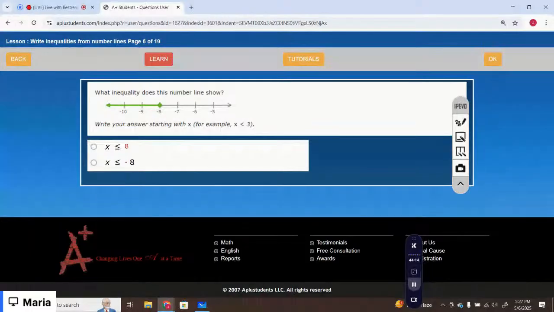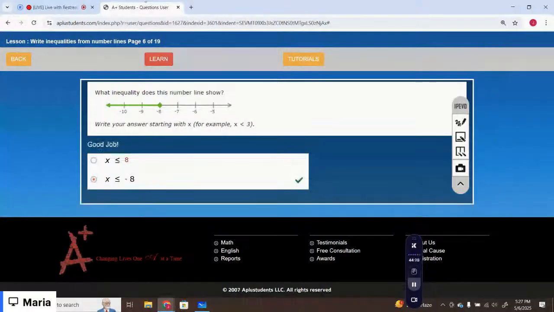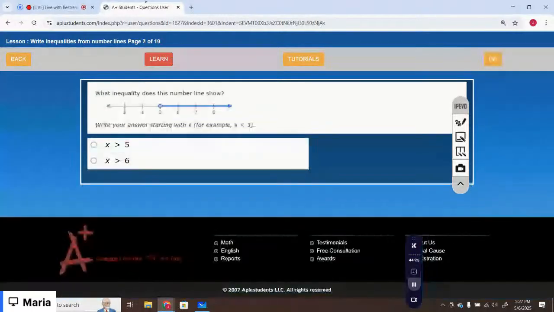Option number two is the correct option. What inequality is shown? Option number one is the correct option. That is x is greater than 5.